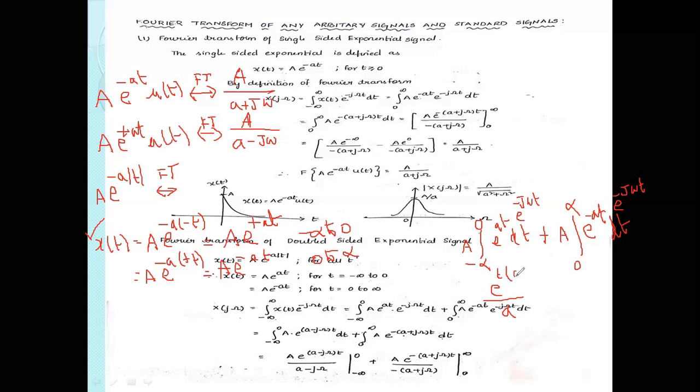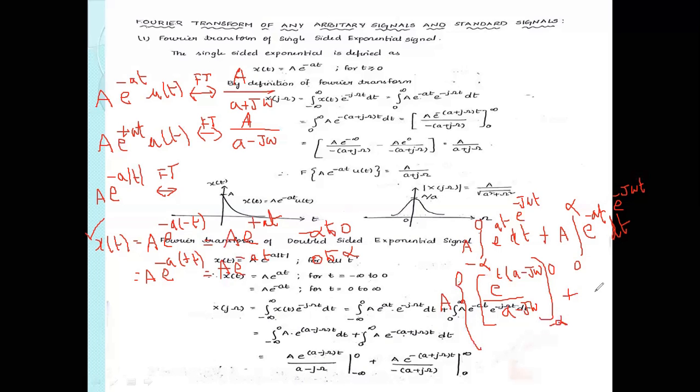It becomes e power (a minus j omega) t by (a minus j omega), with upper limit 0 and lower limit minus infinity. A is multiplied for the two functions, so I am taking it common.